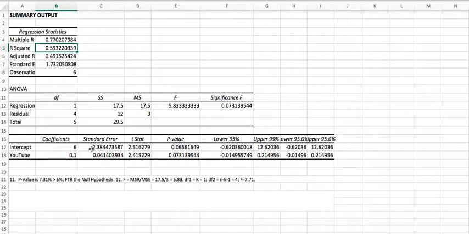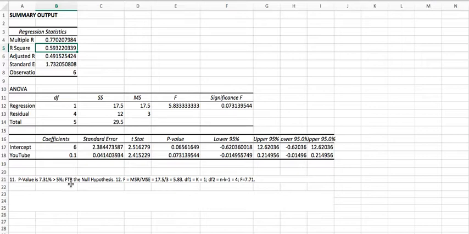So when we look at the p-value for the slope, we have 0.0731, or 7.31%. Our statement would say reject the null hypothesis if p is less than alpha, the level of significance, which I assigned as 5%. You can see we have a p-value here of 7.31%, which is greater than 5%, so we fail to reject.